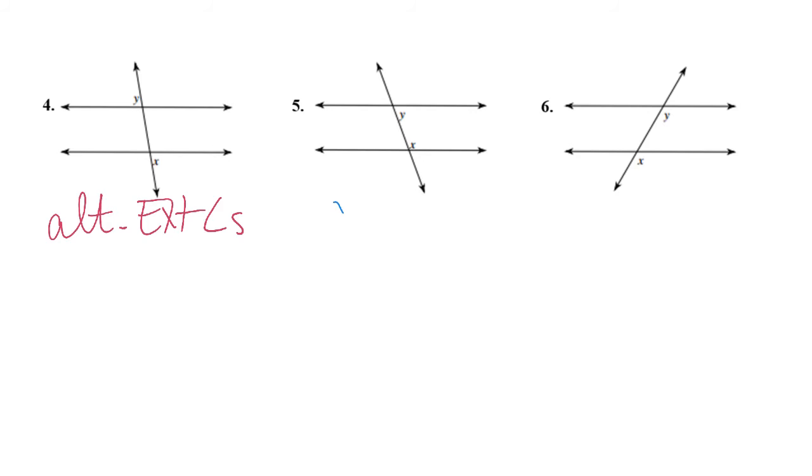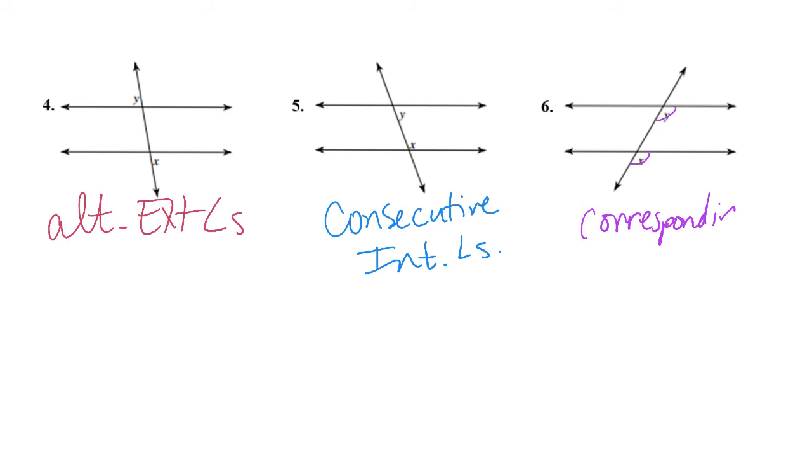So that is going to be consecutive interior angles. And number 6, they're on the same side of the transversal, but one is in between the parallel lines and one is on the outside. But if you notice, they're in the same spot, so they are going to be congruent. So this is going to be corresponding angles. I forgot to mark on number 4. Those are also congruent.